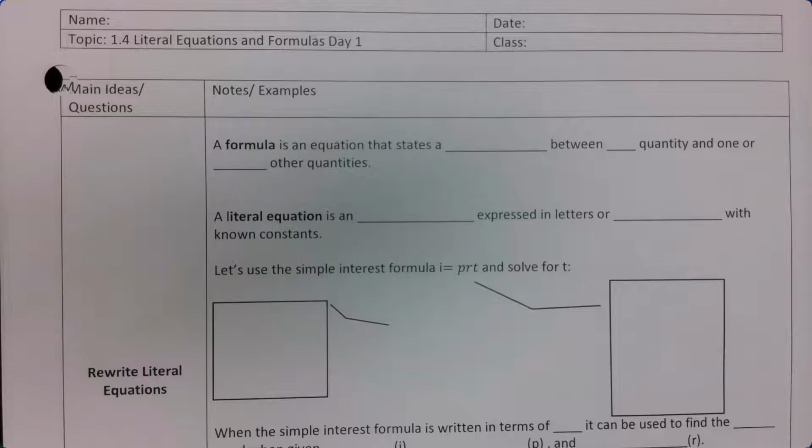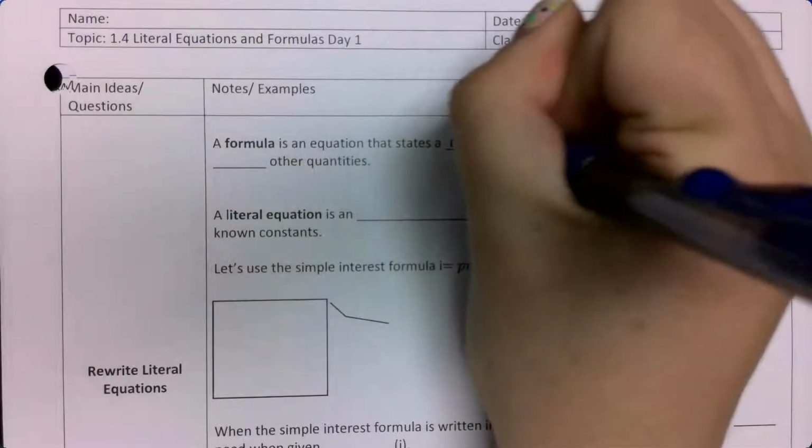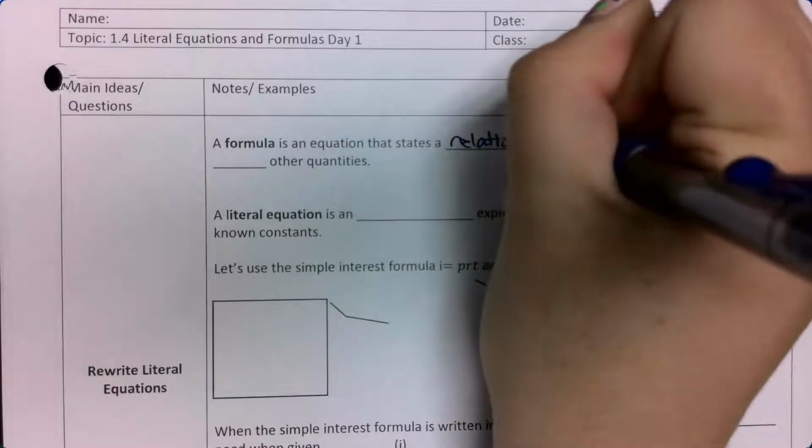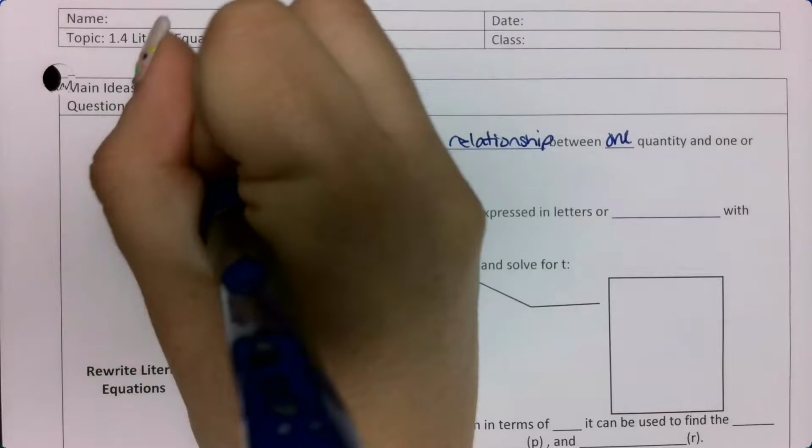Okay, so today we are talking about literal equations and formulas. A literal equation is typically a formula, something with a bunch of different variables. It is a relationship between one quantity and one or more other quantities.